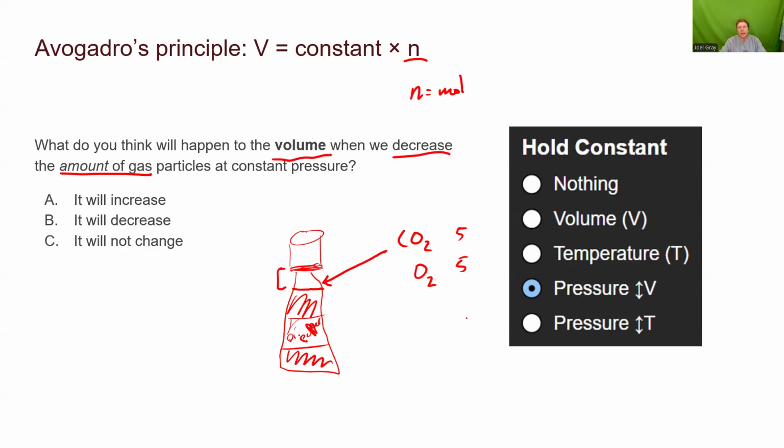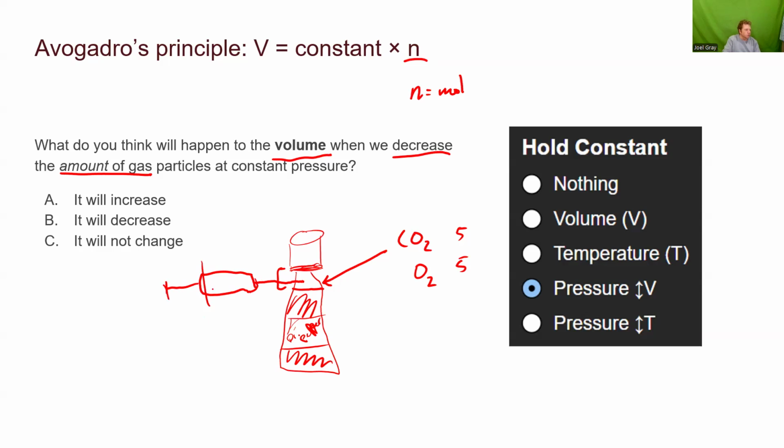Now, let's say that you got a really, really fine needle and you were able to put the needle into that Dr. Pepper bottle. And this is a syringe. That's a good one.